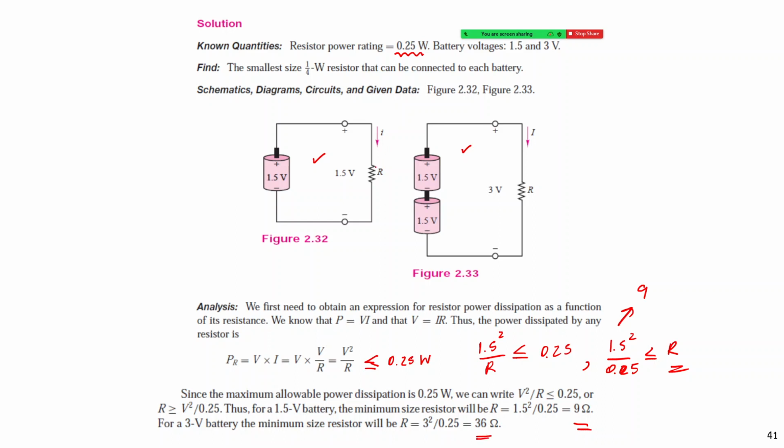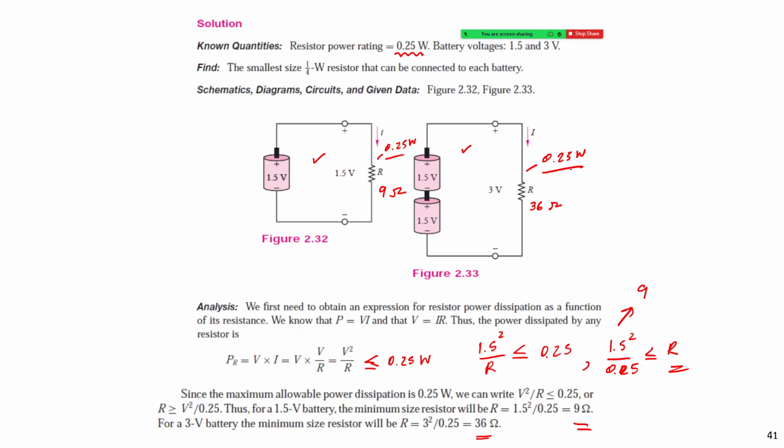So in this case, if the resistor is 9 ohm, the power dissipated by this resistor will be 0.25 watt. And in this case, if the resistor is 36 ohm, the power dissipated is 0.25 watt also. Yeah. Right.